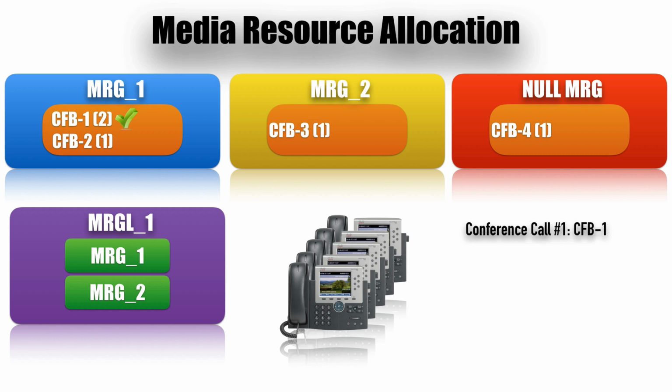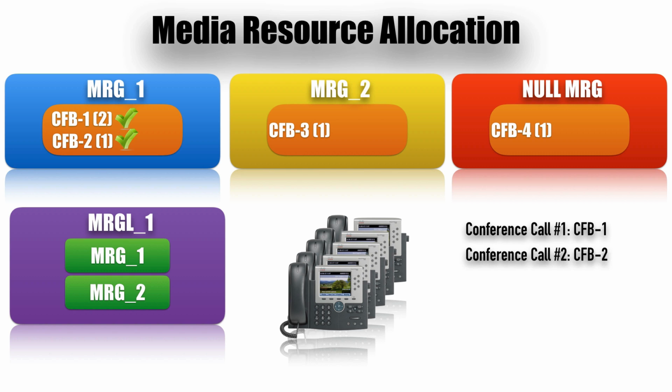Because it's listed first in our media resource group list. When the second conference call gets set up, it's going to use CFB2. Why is that? Because within MRG_1, we're doing round robin load balancing. We're cycling through all the available resources, so we're doing some load balancing between our 2 conference bridges.